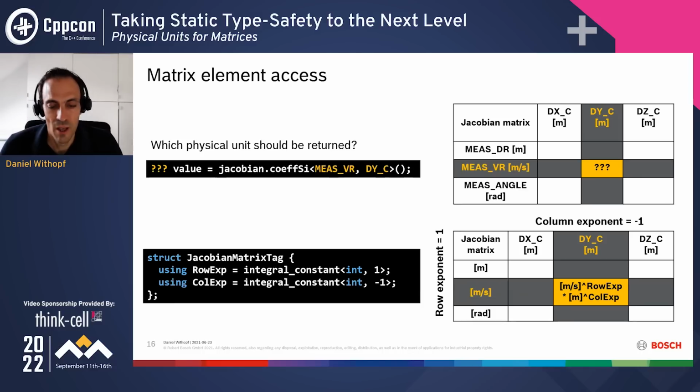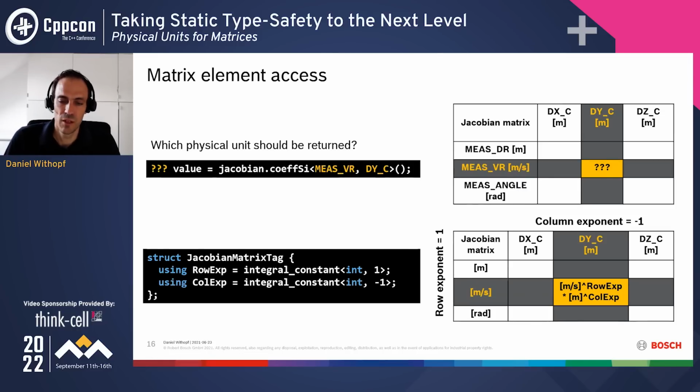And it turns out that this can be generalized to all different types of vectors and matrices if we introduce the notion of row exponent and column exponent. So in a Jacobian matrix, we would have a row exponent of 1 and a column exponent of -1. It's also shown here. And now we can come up with a general rule of how we can infer the physical unit of an entry.